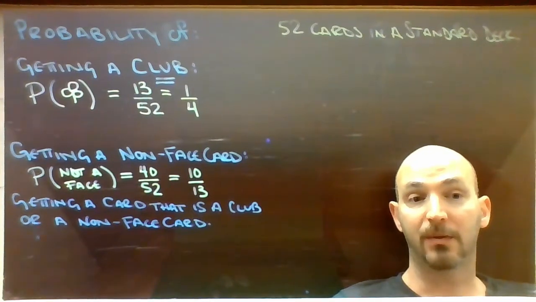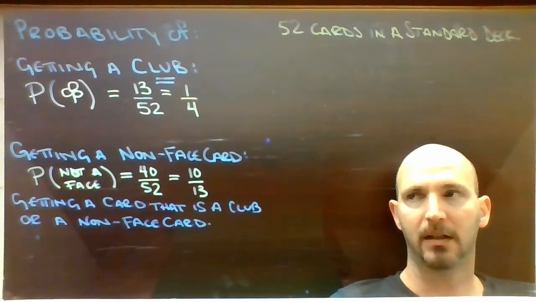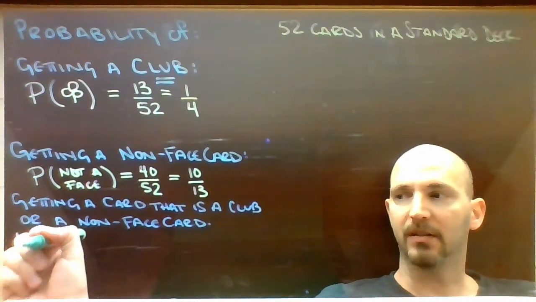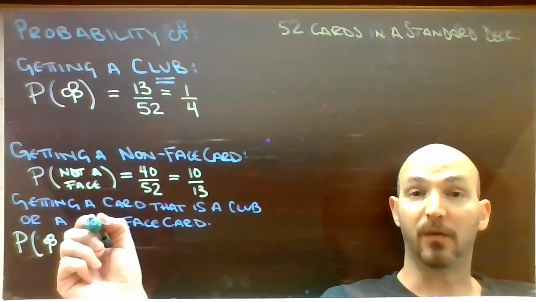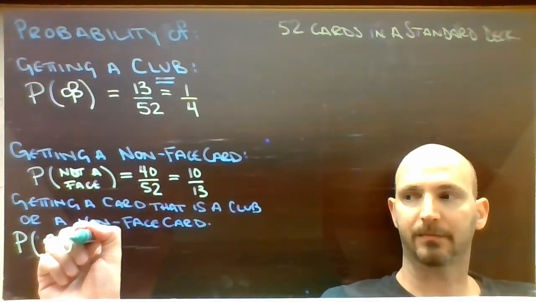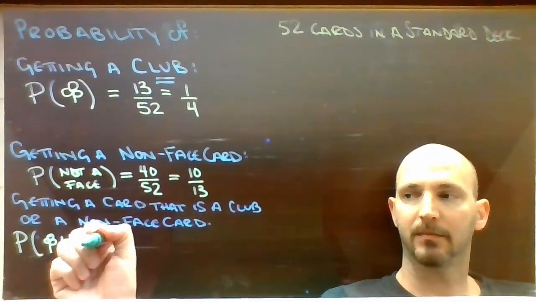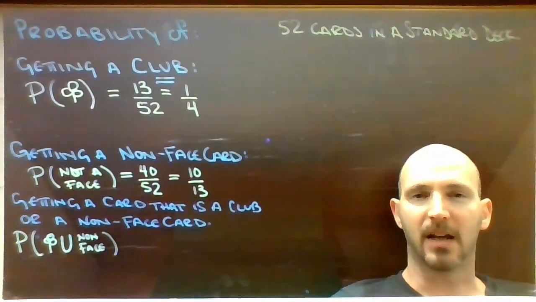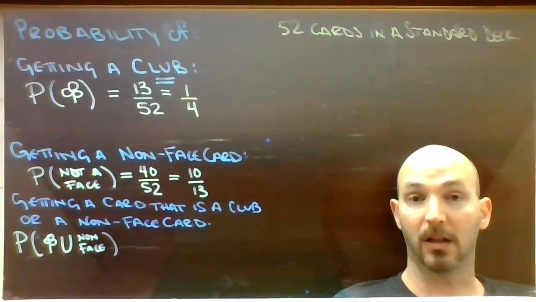So, trying to do the probability of a card that is a club or a face card, if you start thinking about that, in our notation, the probability of a club, the symbol for or is the union, or non-face. If you think back to the Venn diagram on the other side, that would include all the cards that are clubs.